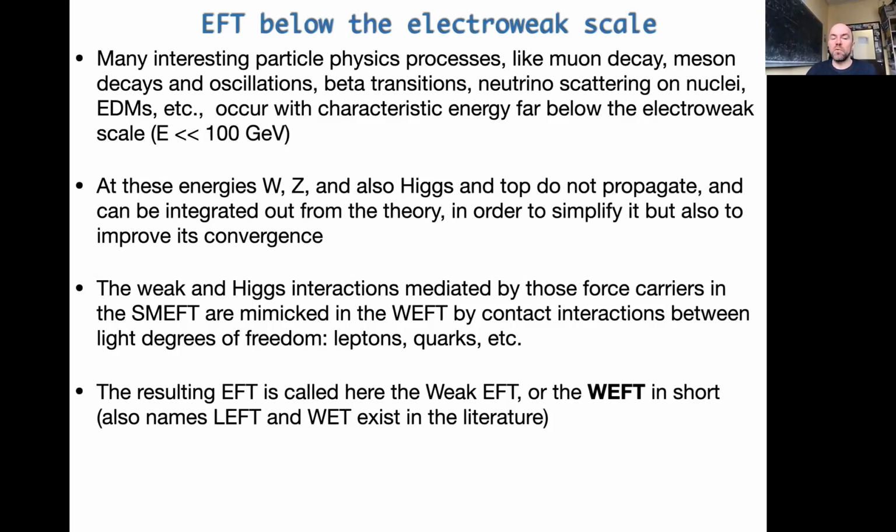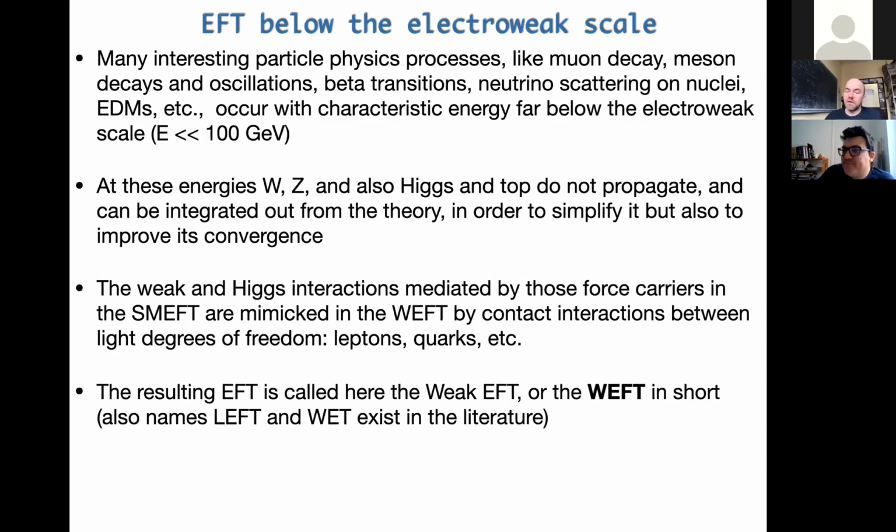The weak and Higgs interactions have no force carriers, but are instead mediated by effective contact interactions between the light degrees of freedom, like leptons and quarks. This effective theory goes under the name of weak EFT. I call it WEFT, but you can see other names like LEFT and WET in the literature. All these names refer to the same thing.